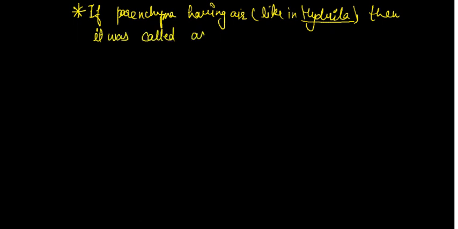This one is important, which makes the plant, the water plant, easily float on the surface.